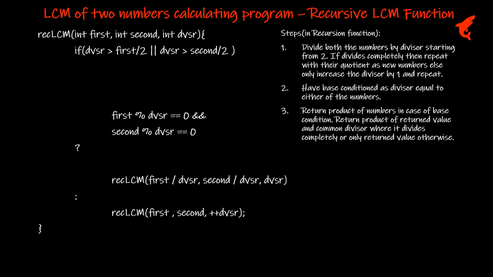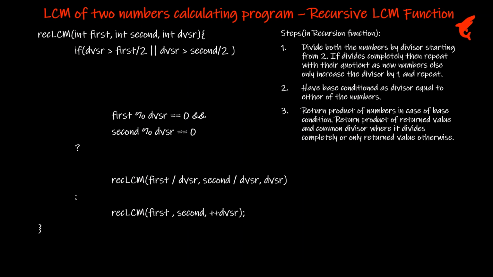Although in our step we have said that DVSR should reach either of these number values, going up to half also is sufficient. Why? You can see our prime number program video, and in that this reason is clearly explained with a very good example. We'll not repeat the same concept again here, right?